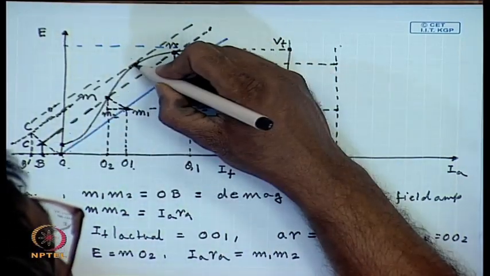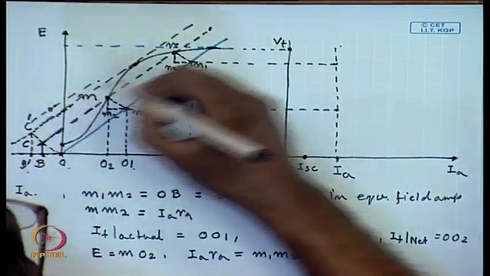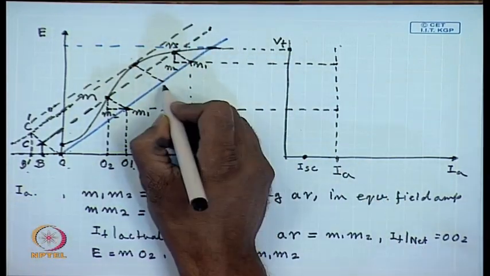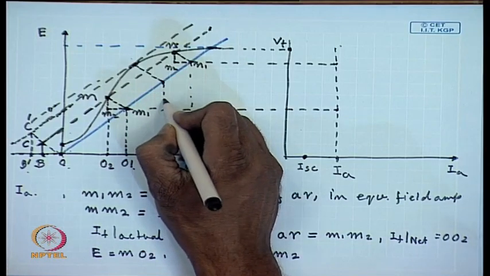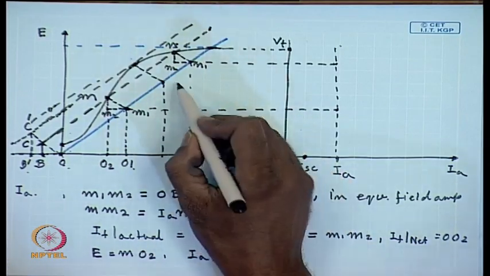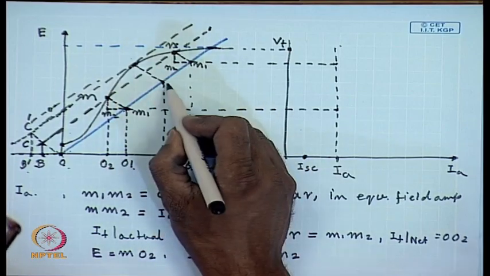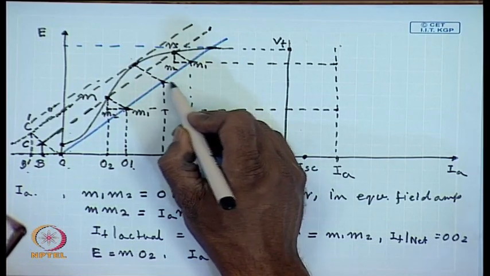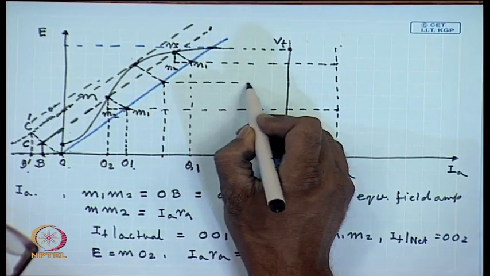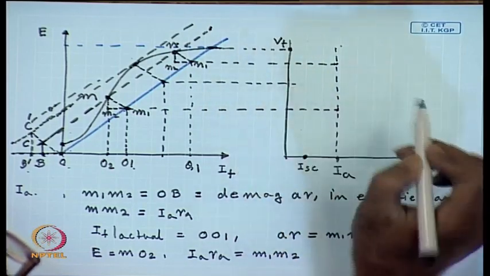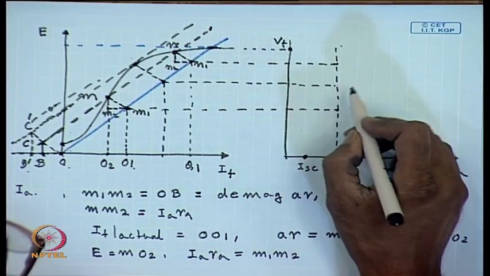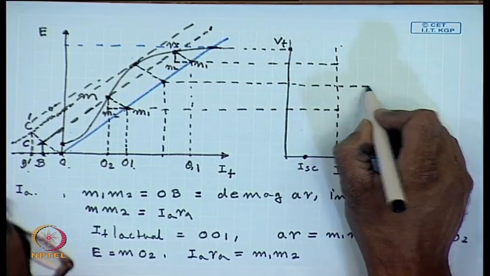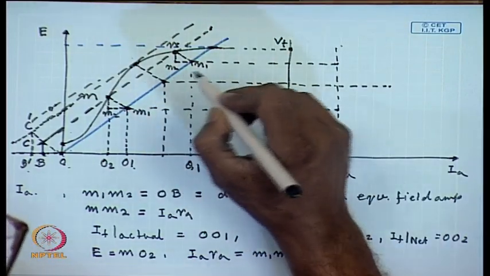Therefore, we draw a line parallel to O C dashed from this point, and the point where it intersects with the field load line gives the value of the terminal voltage at maximum armature current.